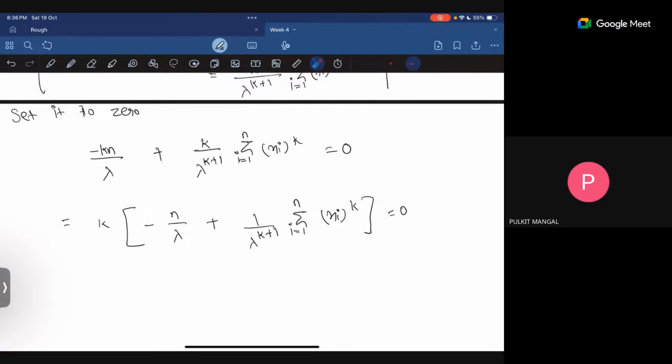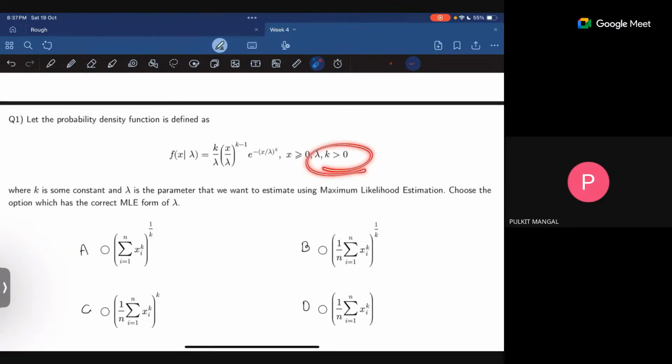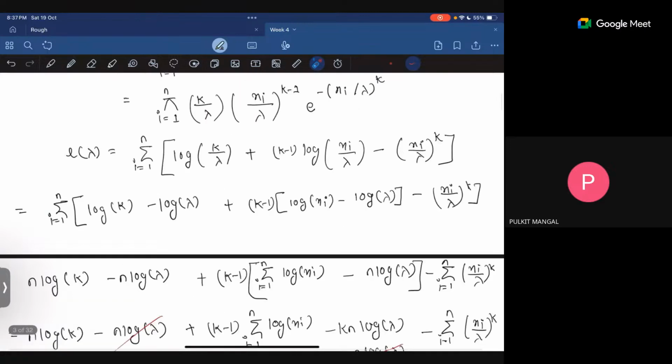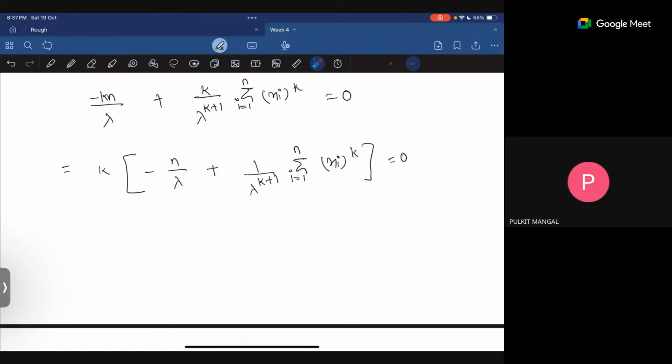Now can I divide both sides by k? Yes, sir, to get rid of k. Just remember the reason: it is already given in the question that k is greater than 0. If it was not given, we cannot do that unless it is certain that k is not equal to 0.